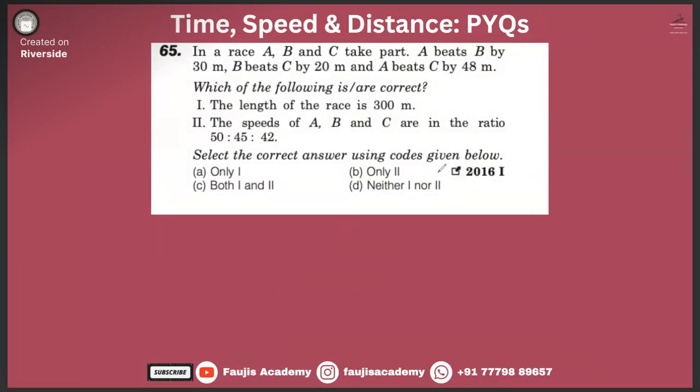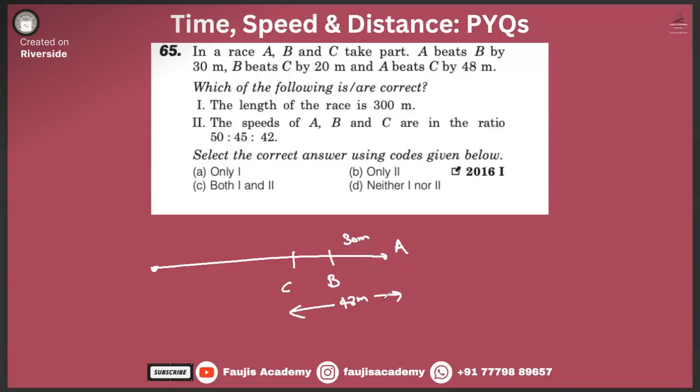The options are 300 meters and speeds of A, B, C in the ratio 50, 45, 42. A beats B by 30 meters, A beats C by 48 meters, and also B beats C by 20 meters.